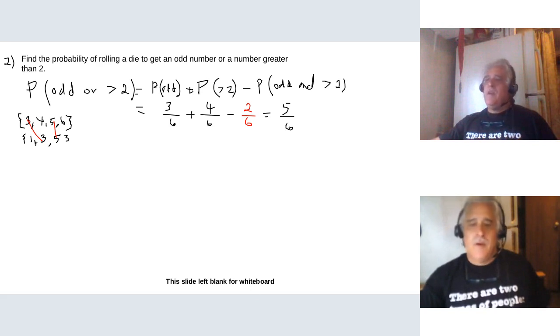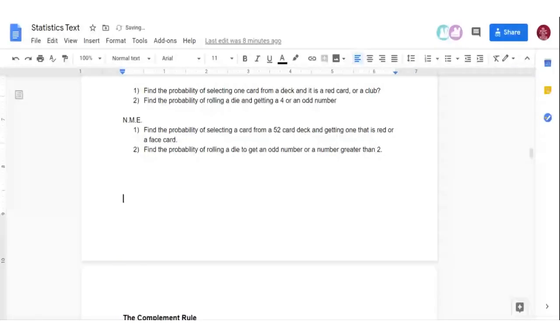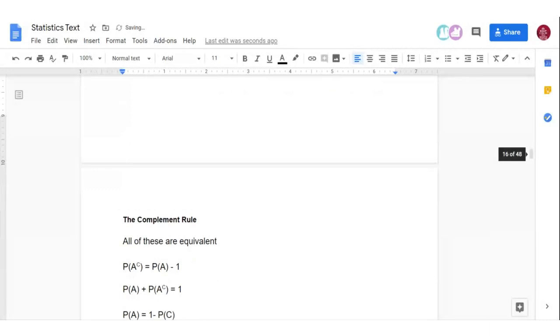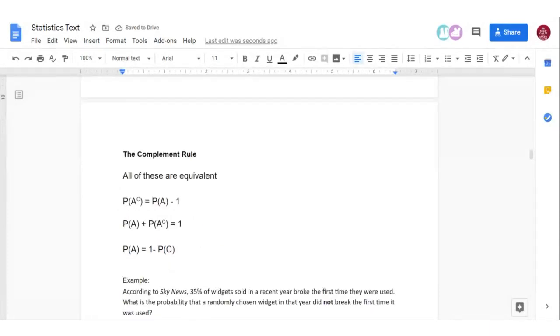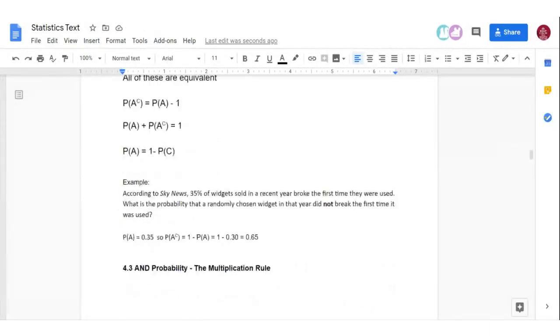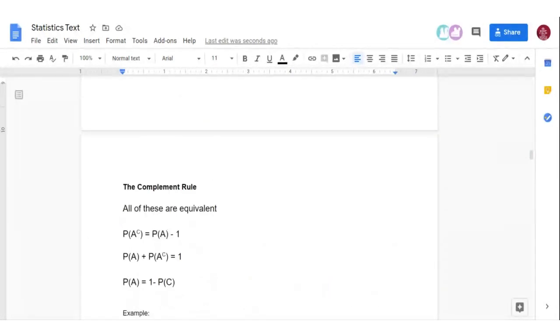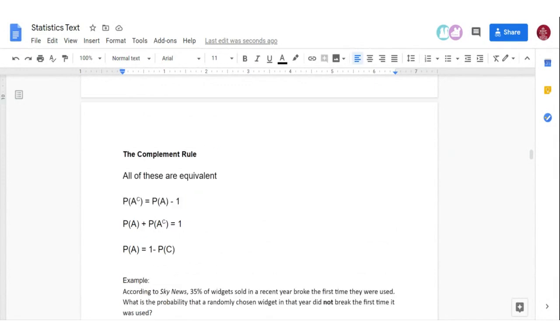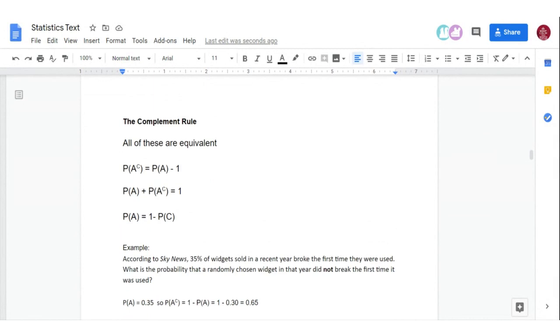All right, now, this is the other thing in section 4.2. It's called the complement rule, and I think the one that they use is this one. And different books use different things.